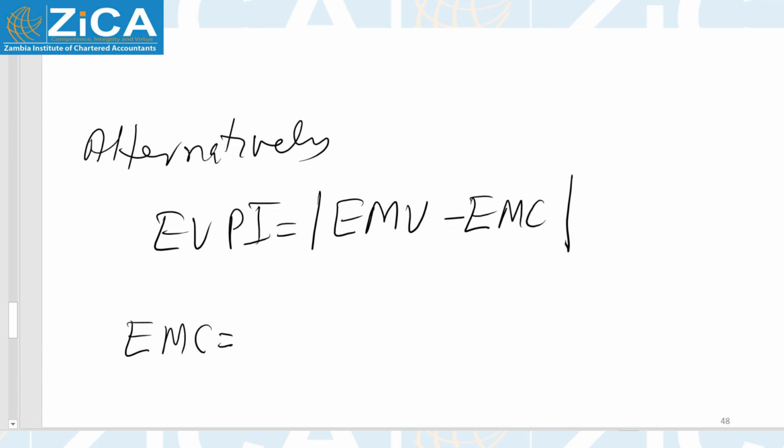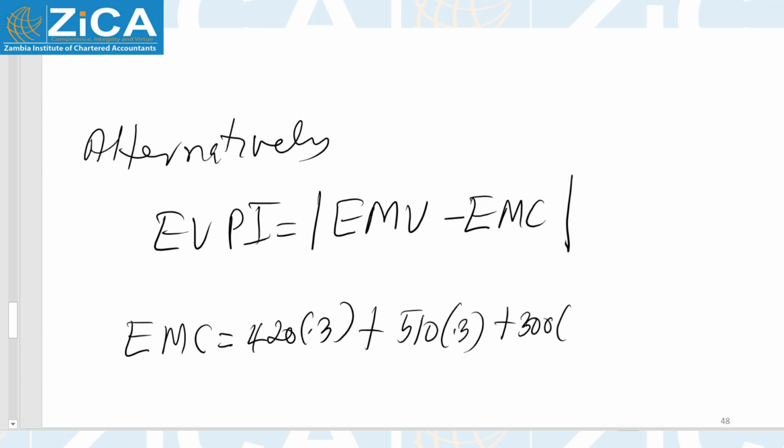If you know the state of nature, say it is S1, which action would you take? You take the one with the maximum, which is 420 times 0.3. If the state of nature is S2, you take the one with 510 times 0.3. If it is S3, you take the one which gives you the maximum, which is 300 times 0.4. Simplifying, you get 126 plus 153 plus 120, which gives us 399.